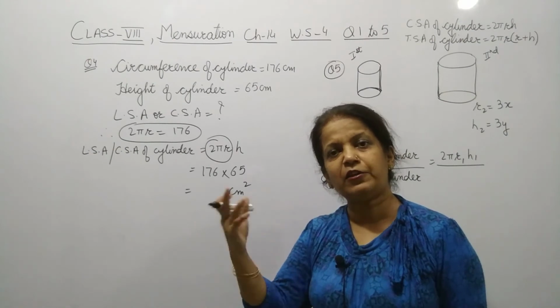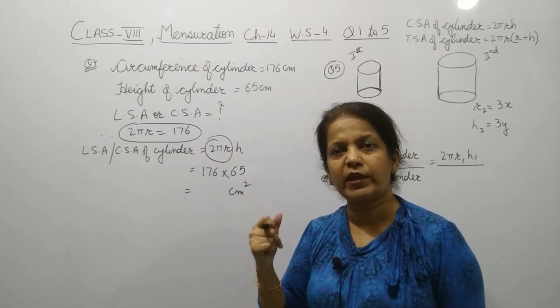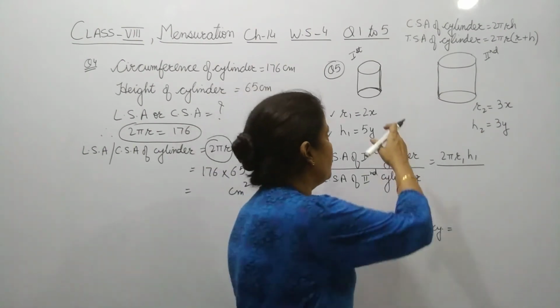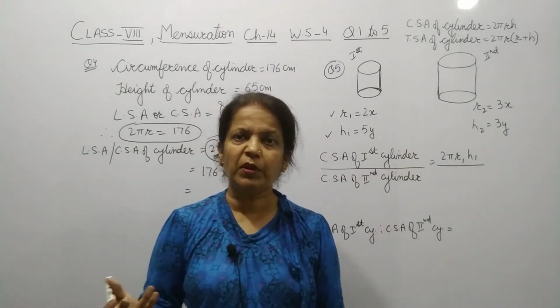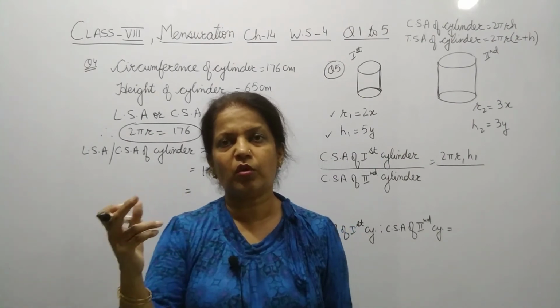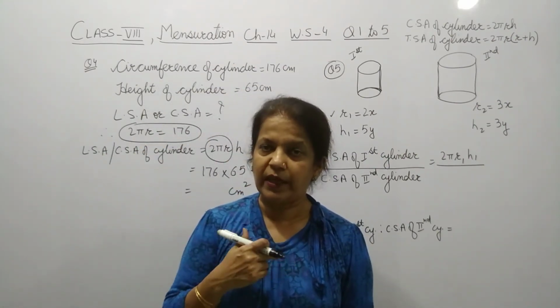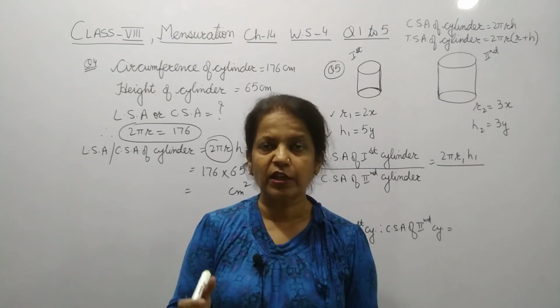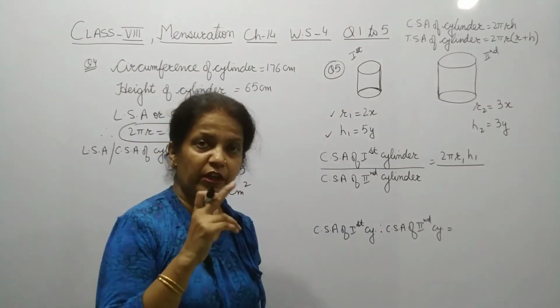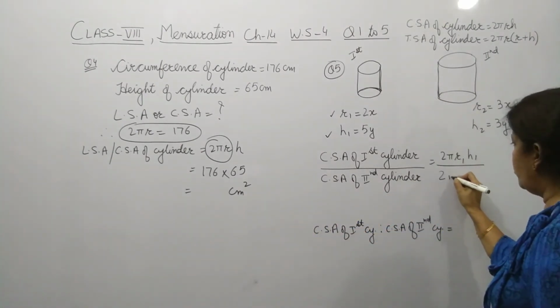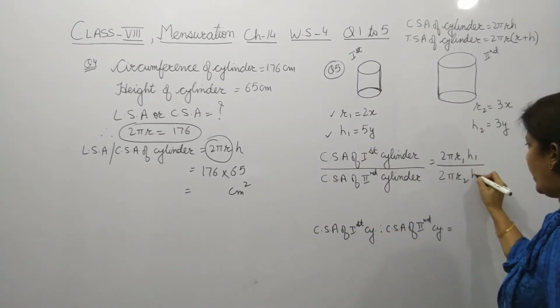If we took the same r and h for both, it would mean both the radius and height are the same, but here they are not the same. That's why we take them with different notation. So 2 pi r1 h1 and 2 pi r2 h2.